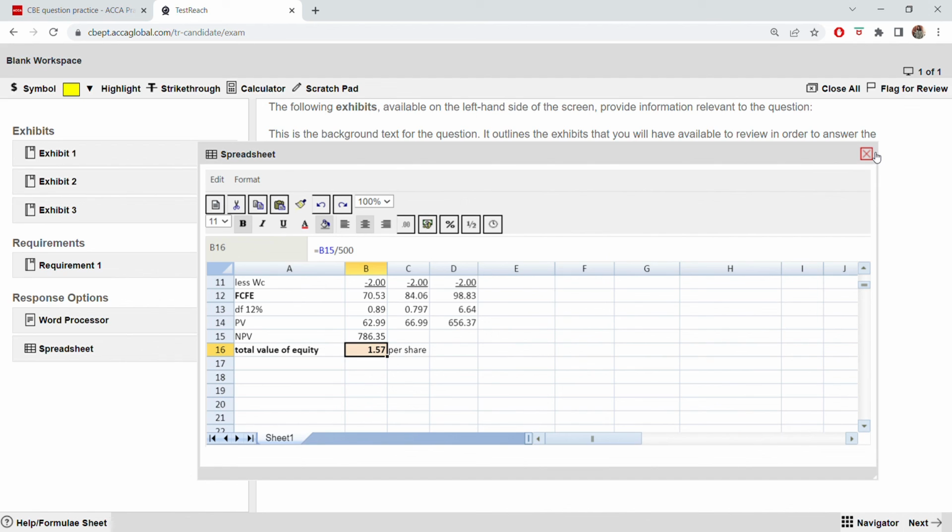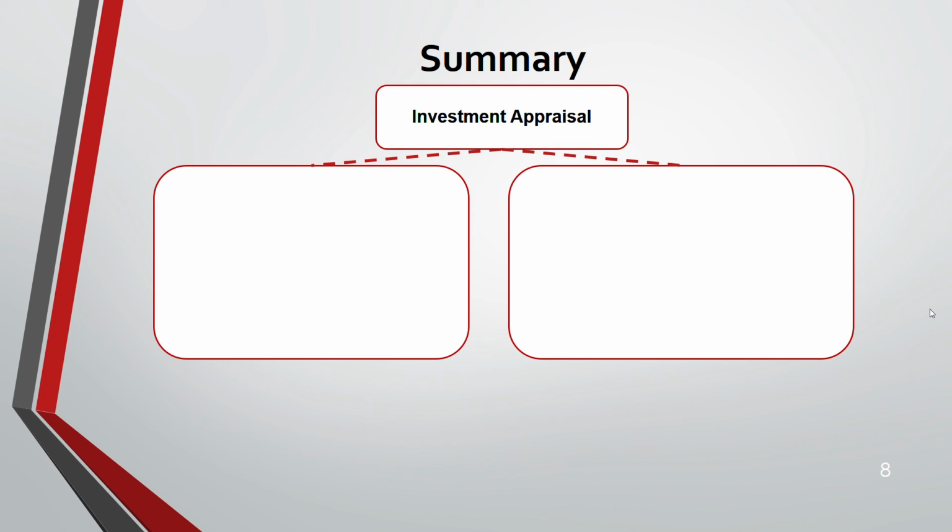So now let's summarize this into FCF and FCFE. FCF, we know that we have to deduct debt, and also we have to discount using WACC.